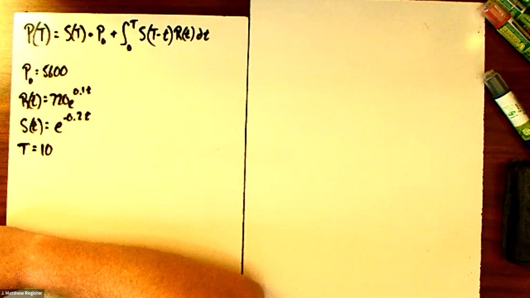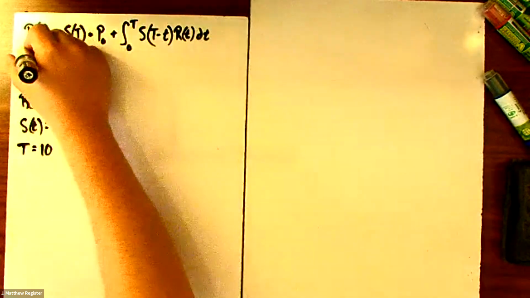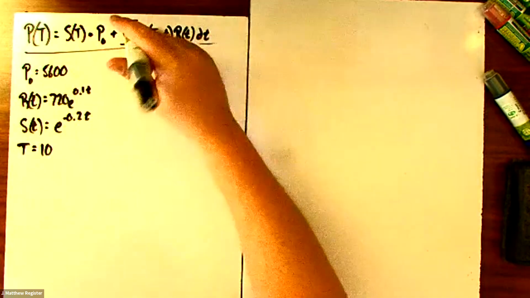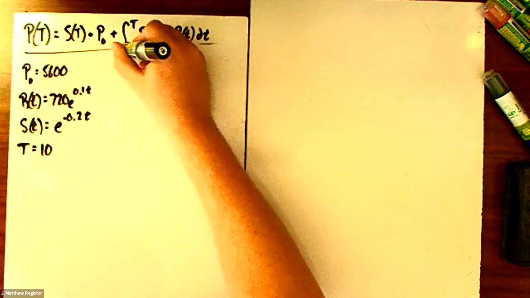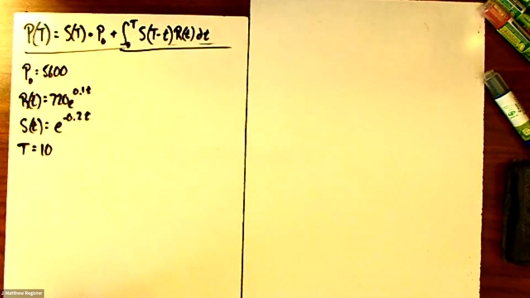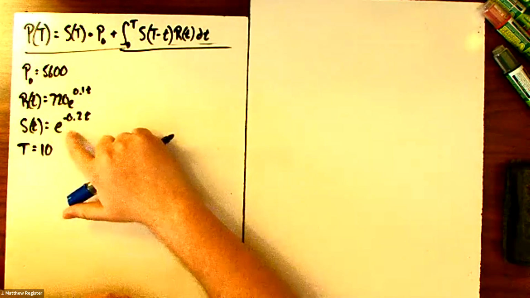All right. And so now we have our formula that we're using. We have our given information. And so let's just figure out the pieces that we still need to figure out. So looking at this, we have s of little t.